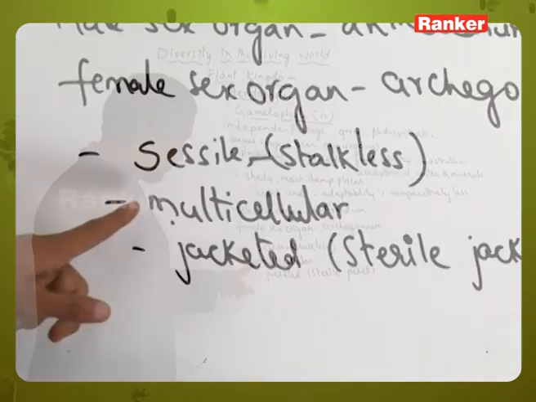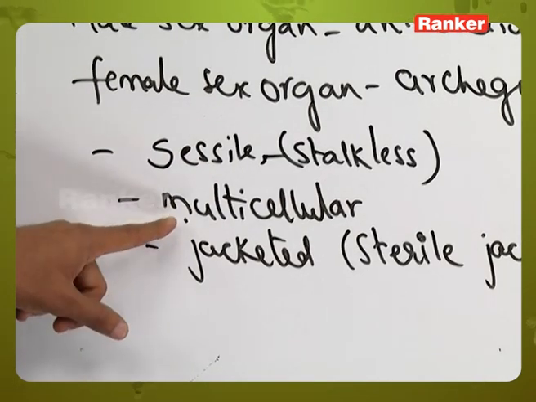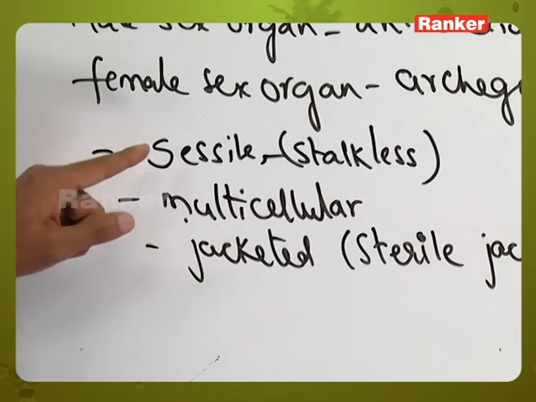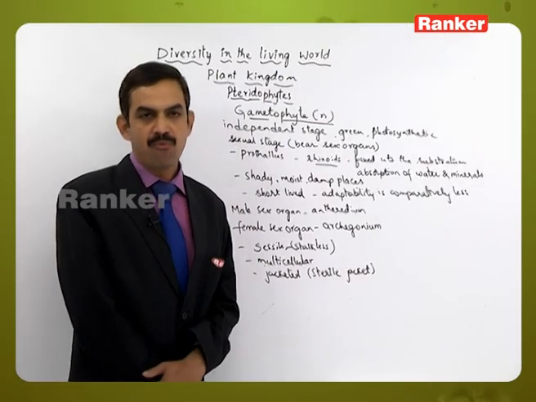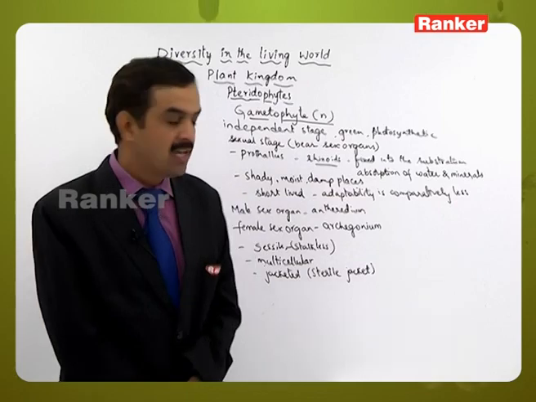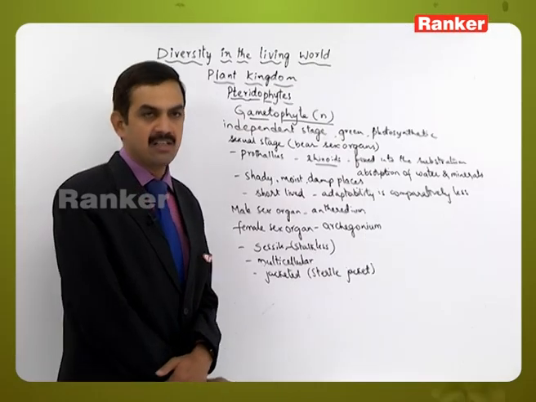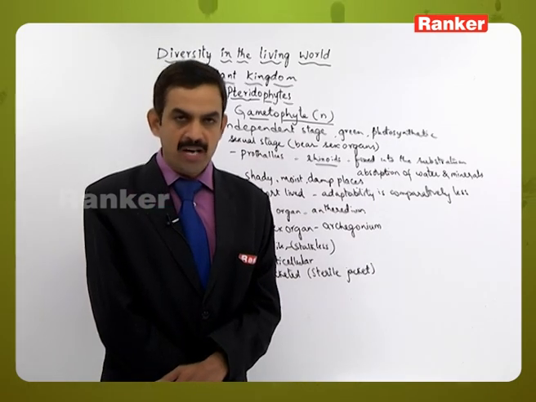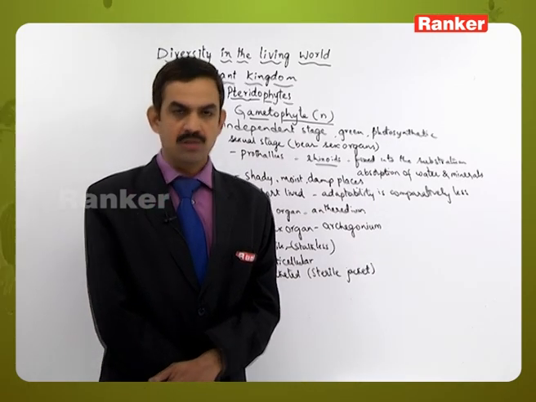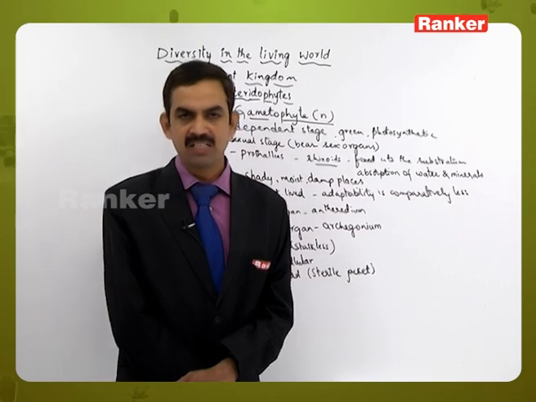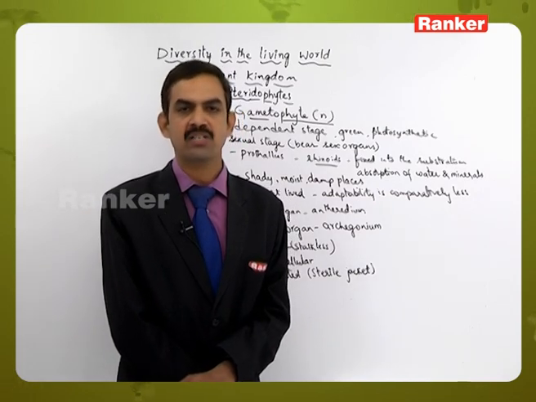In both of them the sex organs are multicellular and jacketed, but the difference is that in bryophytes the sex organs are stalked and protruded, whereas here the sex organs are sessile and they may be protruded or embedded also. So that's the variation that can be seen between the sex organs of bryophytes and pteridophytes.